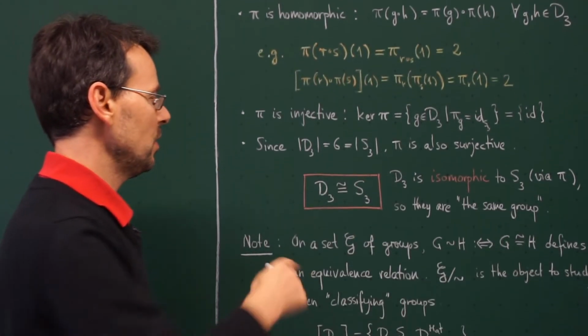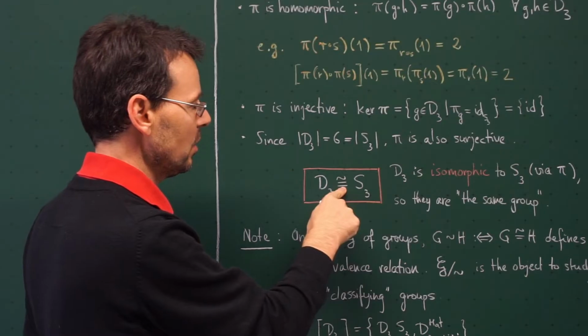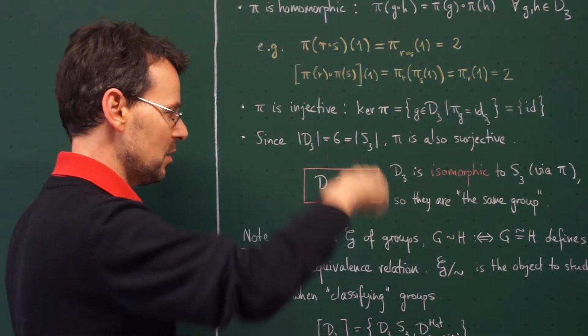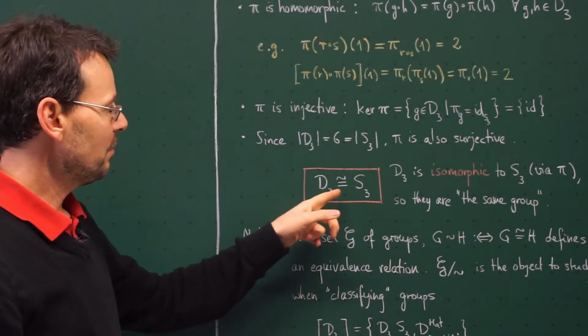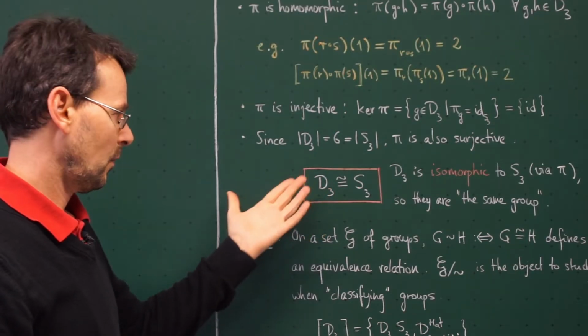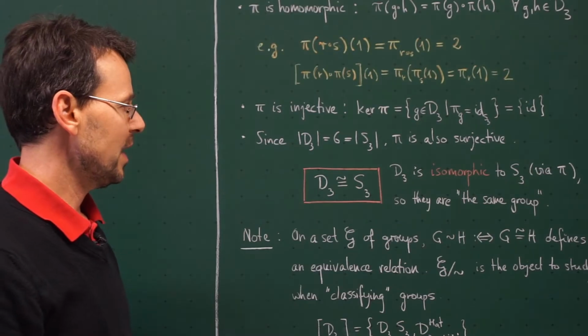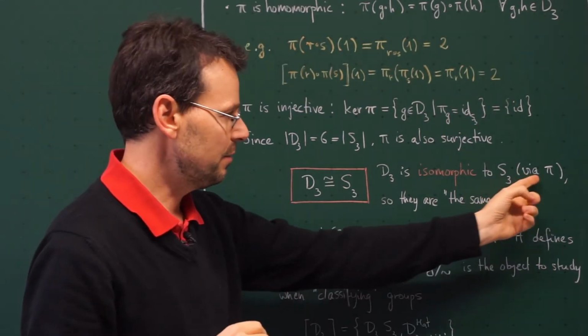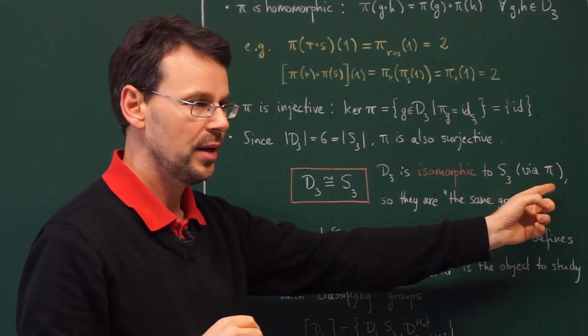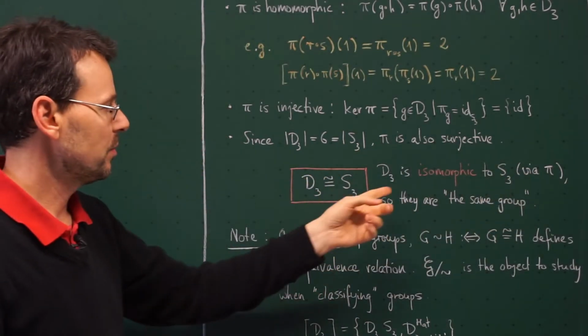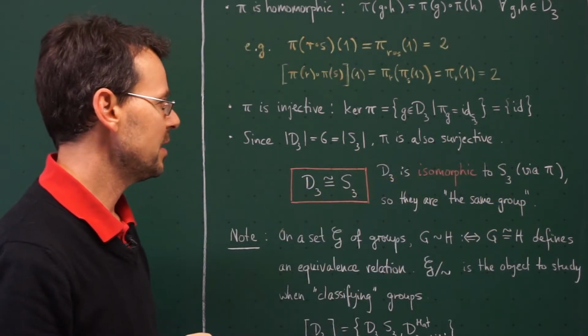And from now on we denote this by this symbol here, equal sign with such a squiggly line above it. And you read this as D3 is isomorphic to S3. Sometimes you add via pi. So D3 is isomorphic to S3.